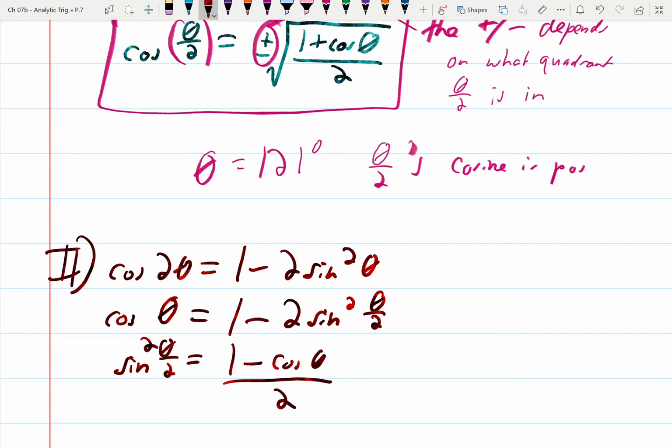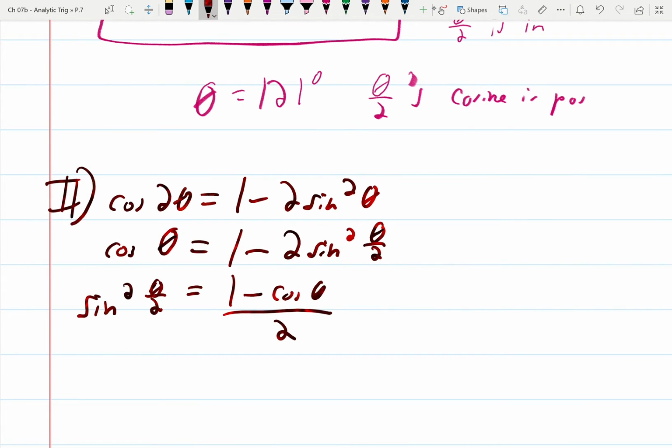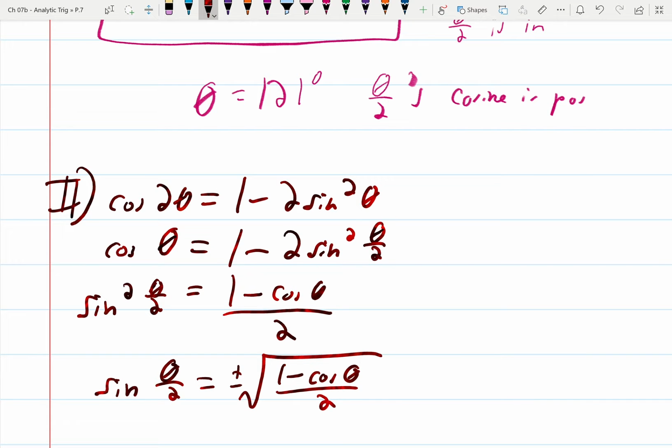I'm going to make this left side be clearer. So that's just some algebraic moving around, and then we get that the sine of theta over 2 is plus or minus radical 1 minus cosine of theta over 2.